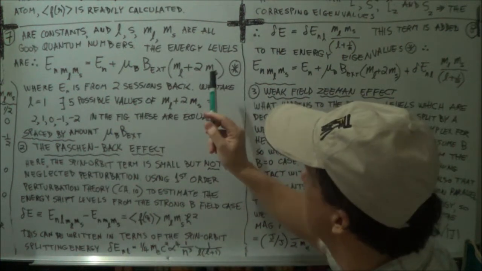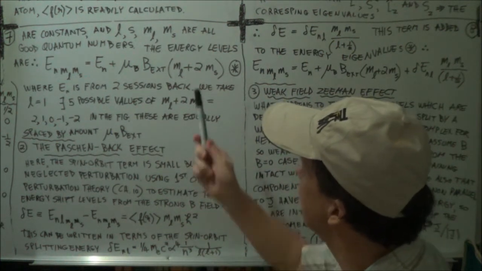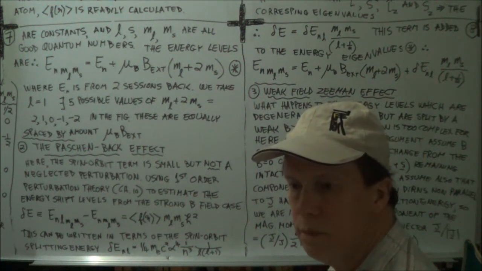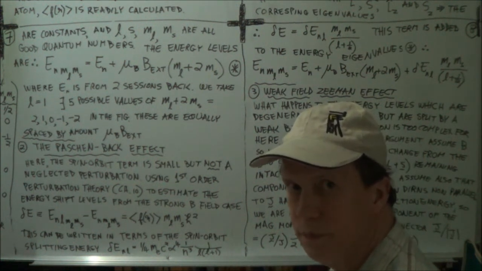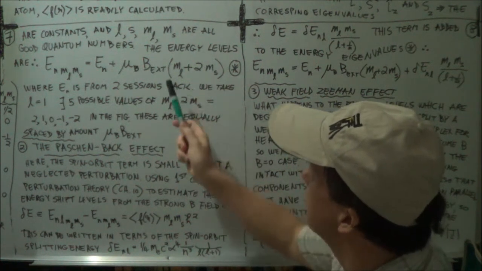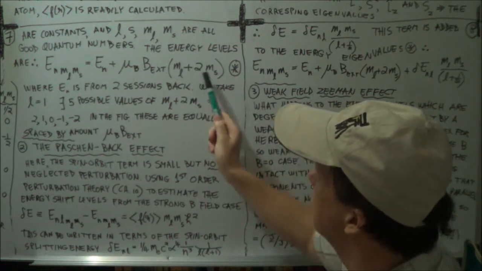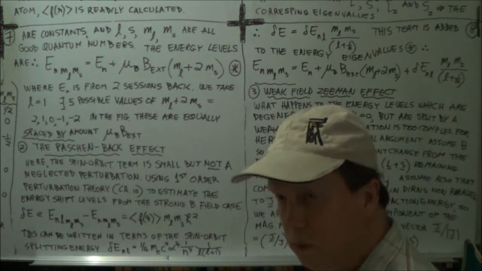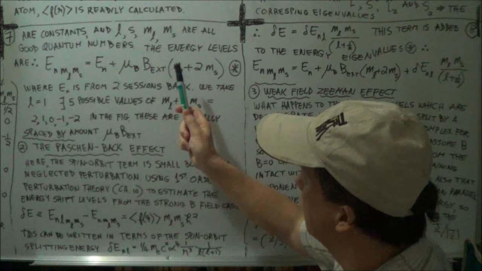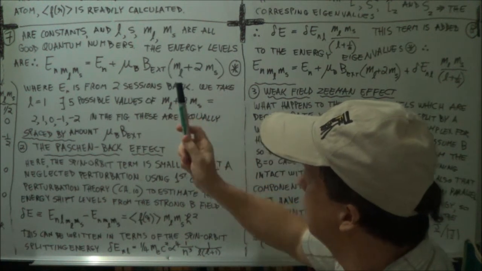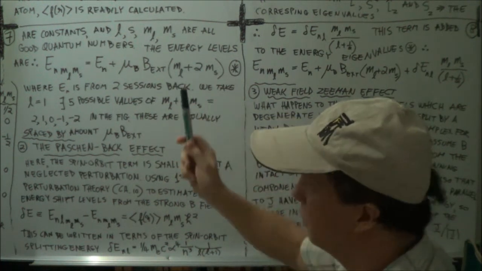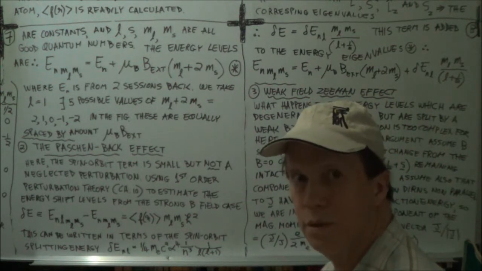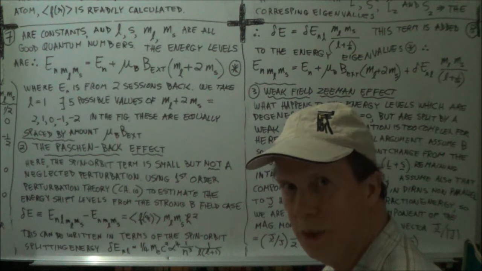A similar story for S. It can range between plus a half and minus a half. So 2 M_S ranges between 1 and minus 1, and M_L ranges between 1, 0 and minus 1. So together, you add the two, the whole thing ranges between plus 2 and minus 2, in steps of 1.